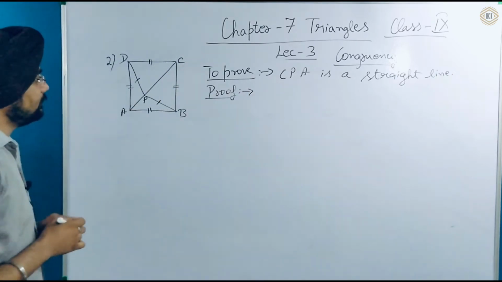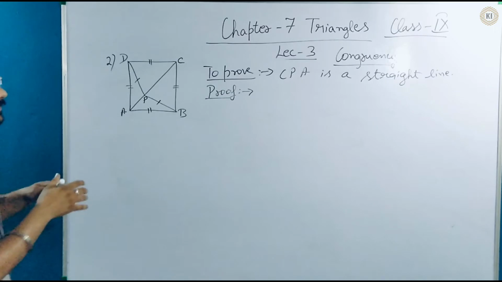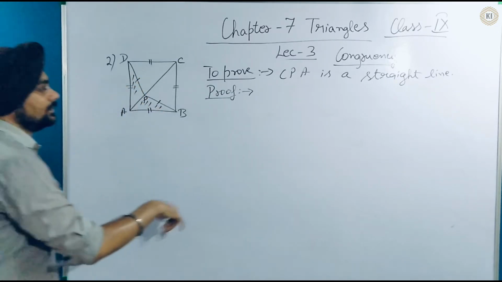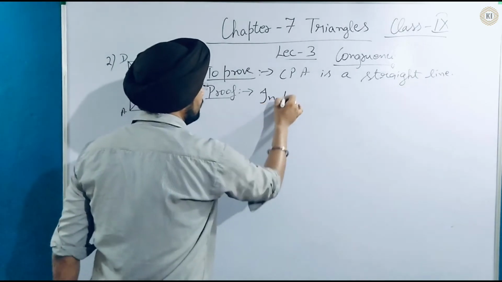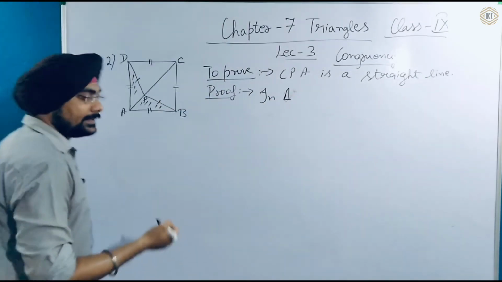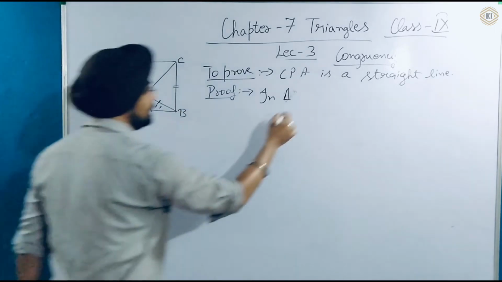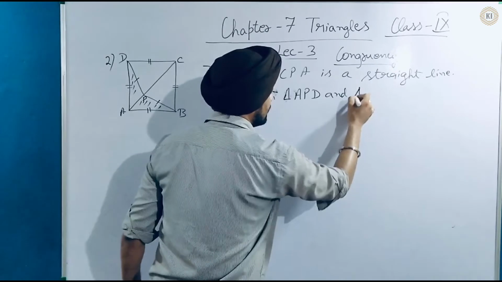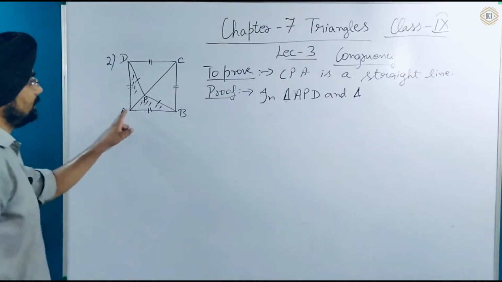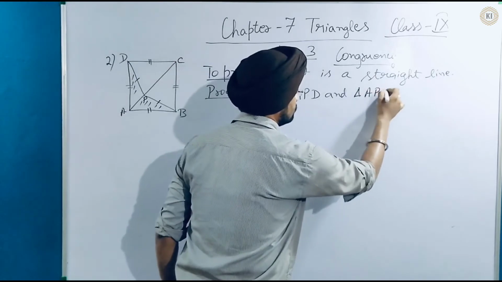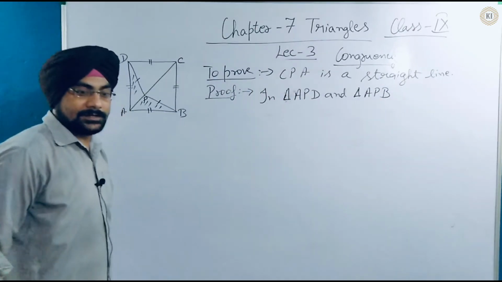Now first of all we will prove these two triangles as congruent, this triangle and this triangle. So in triangle APD and triangle APB, I have taken these two triangles.